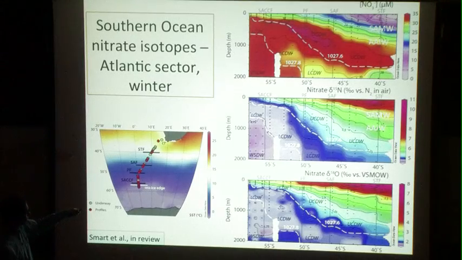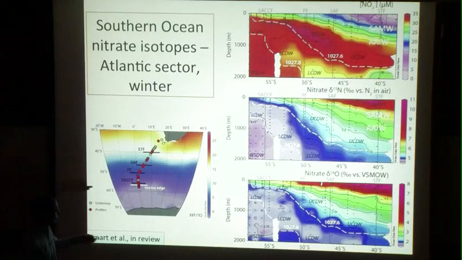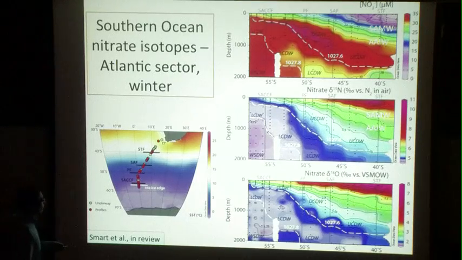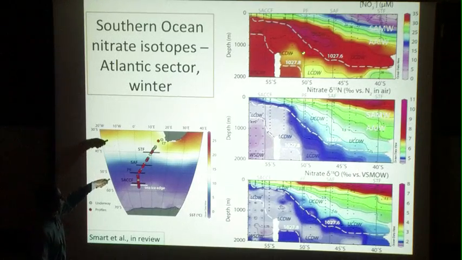That leaves the residual nitrate higher in delta N15. That then gets transported northward and subducted as Antarctic intermediate water and subantarctic mode water. Similarly, for nitrate delta 18, we bring up something with a lower delta 18 and subduct something with a higher delta 18. Okay. Where things get a little bit more interesting is as we compare these other waters further to the south with one another.